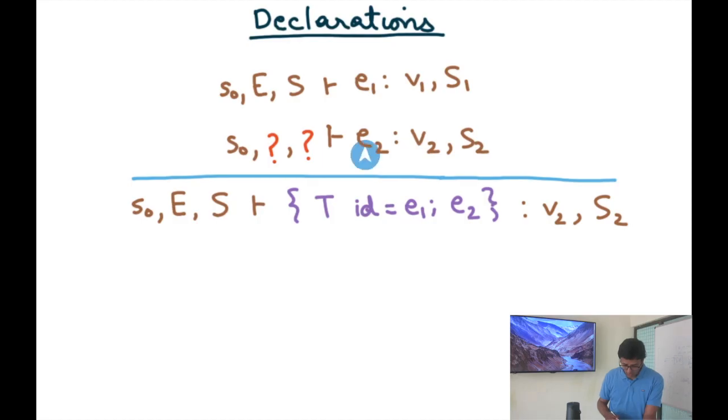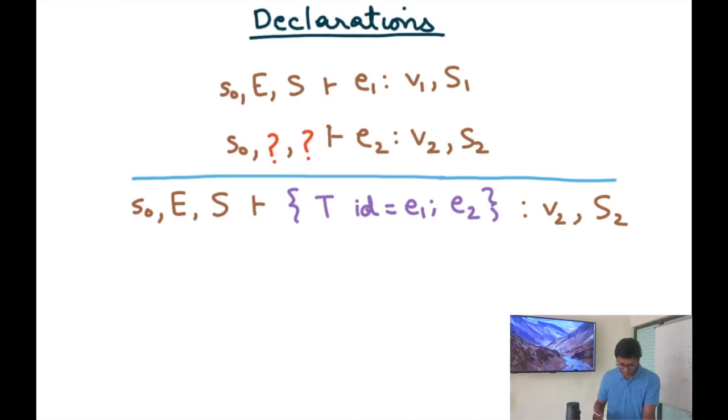And we don't know how to update the environment, so we're going to discuss that next. But let's say under the updated environment, E2 returns V2, S2, then that's the same value and store that's going to be returned by this entire expression that includes the declaration. So now the only question that remains is what should be the updated environment and the updated store under which E2 should be evaluated.